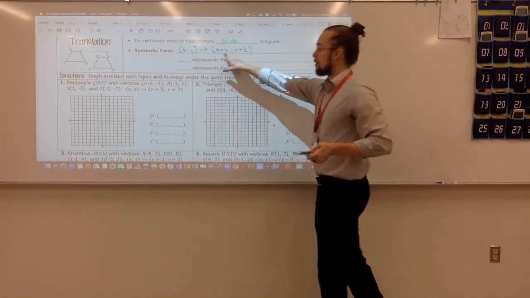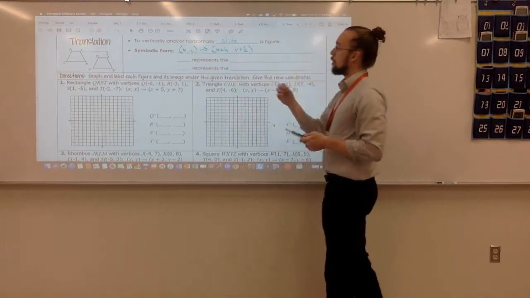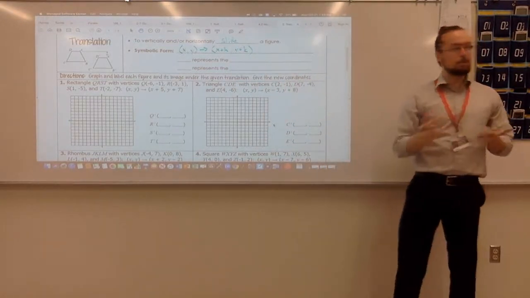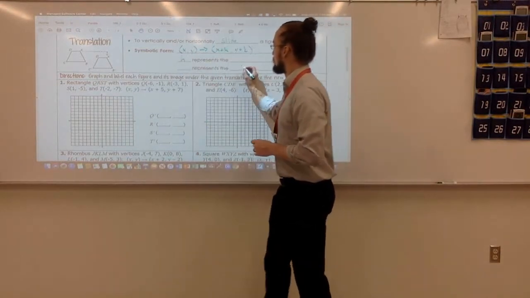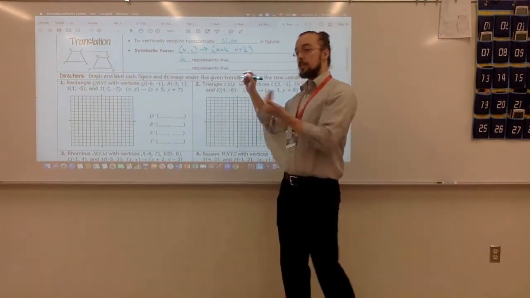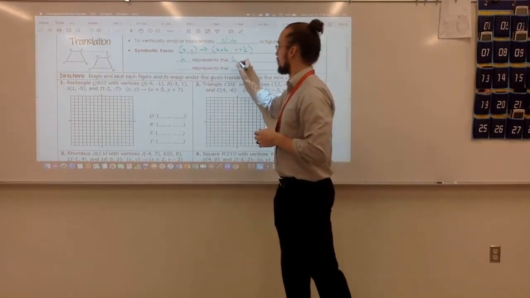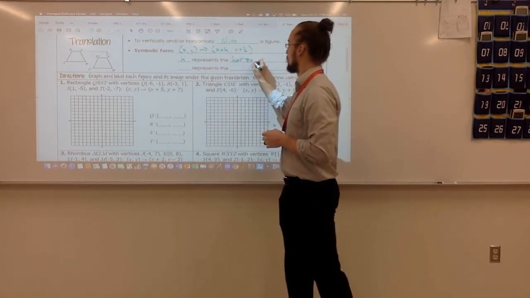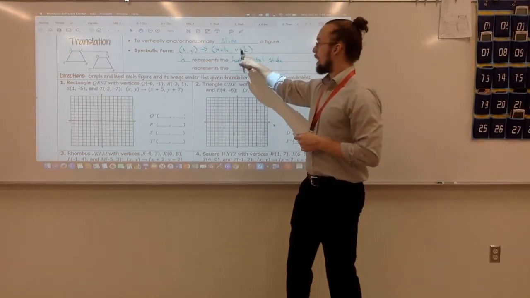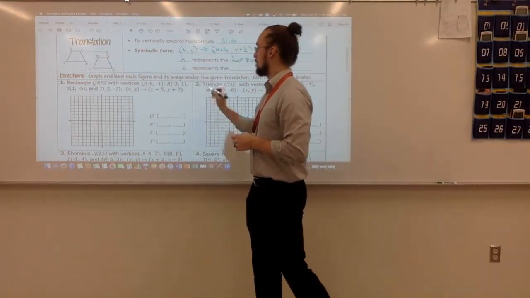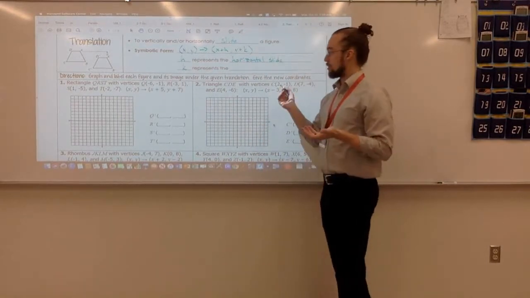These numbers, the h and the k, represent how far we're shifting in the x and the y direction. So h represents shifting in the x direction, that would be the horizontal slide. And if I'm adding something to y, that is the vertical direction.